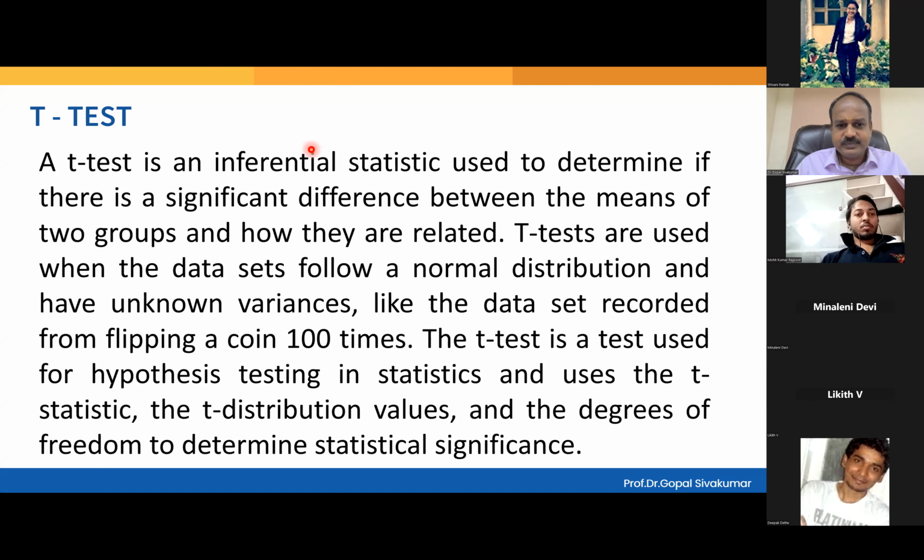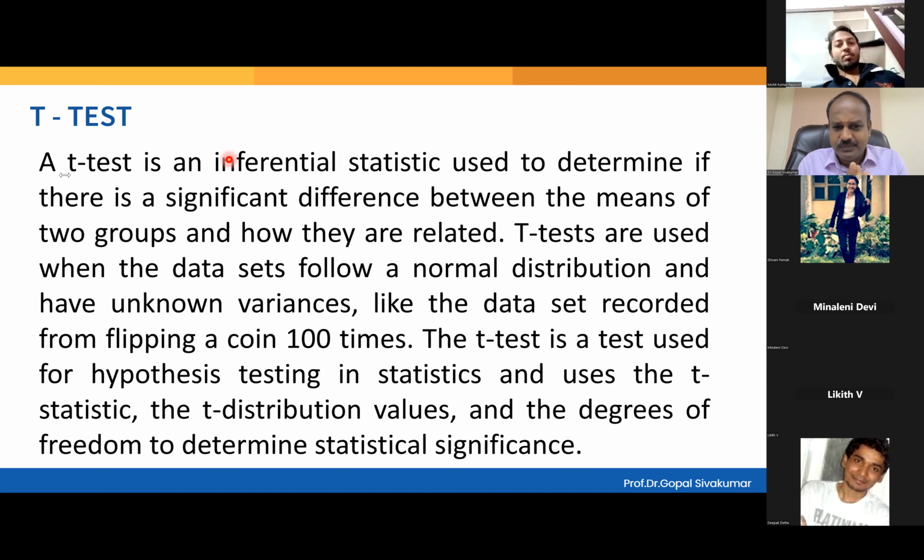Highest is 61. Lowest is 40. So the consistency is very poor because there is a huge variation, 40 to 61, isn't it?